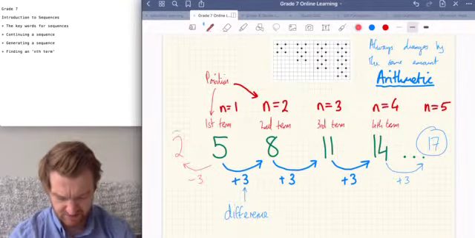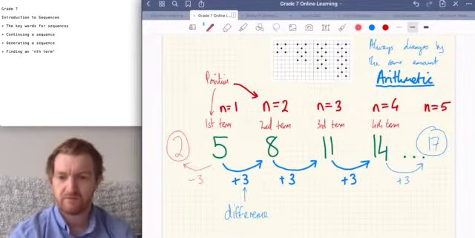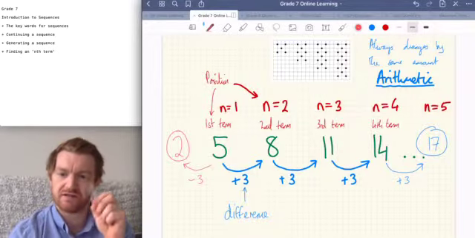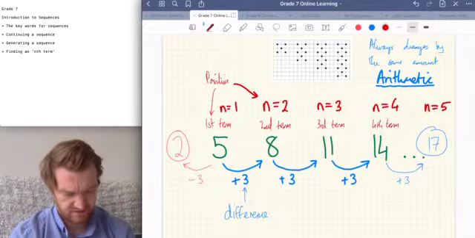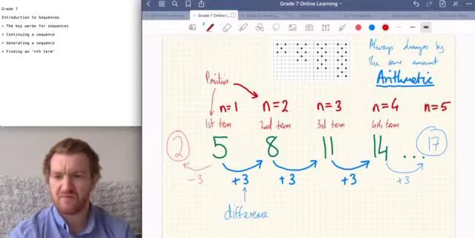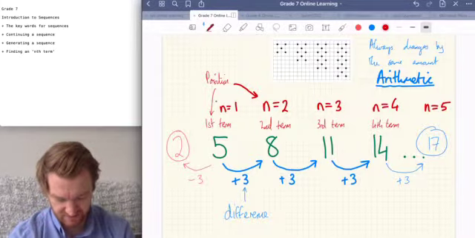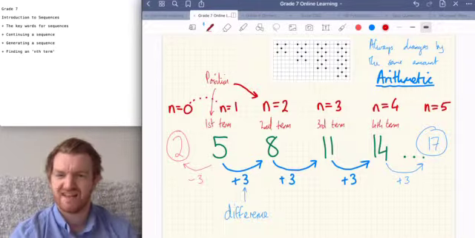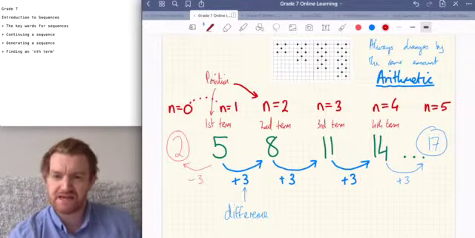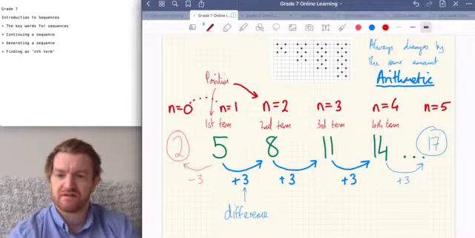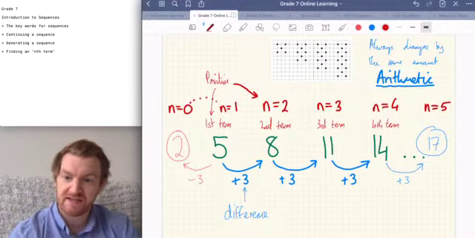But what is this 2? Well, when we look at the positions, it goes up 1, 2, 3, 4, 5. But if we went backwards, we'd actually end up with 0. And if you think about it, that doesn't really make much sense, because if you have a race, you can have the first place, second place, third place.